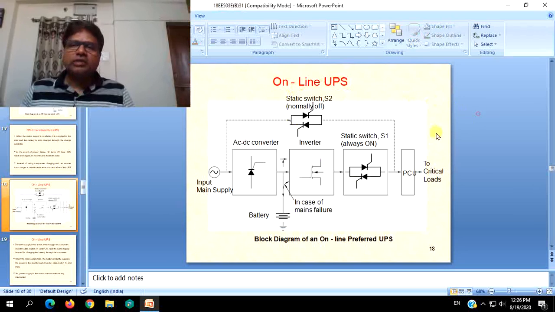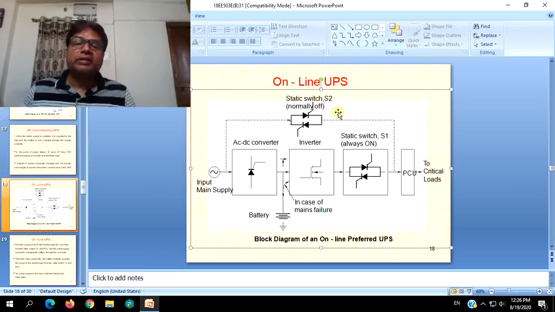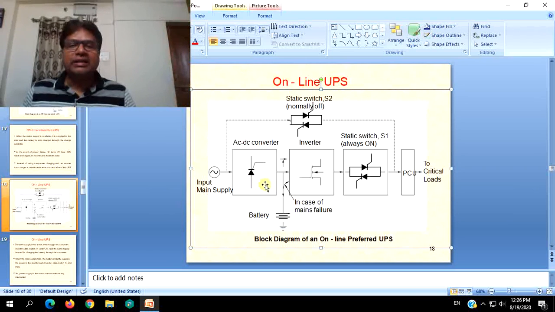Online UPS will also have two paths. The other path is also shown, which will be directly feeding the load via static switch S2, which is normally off, but this will be used only during those rare instances where this total inverter control and charge control unit fails.